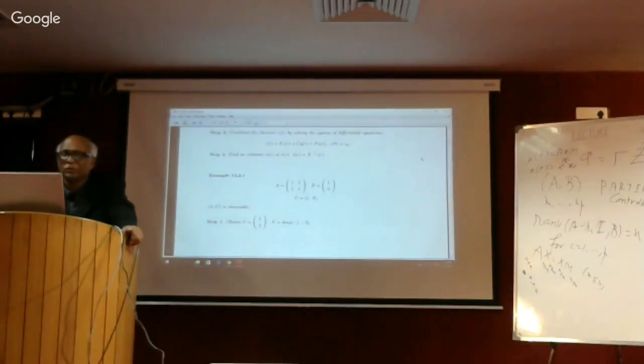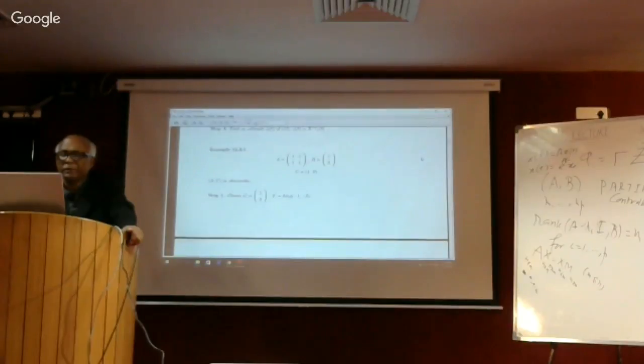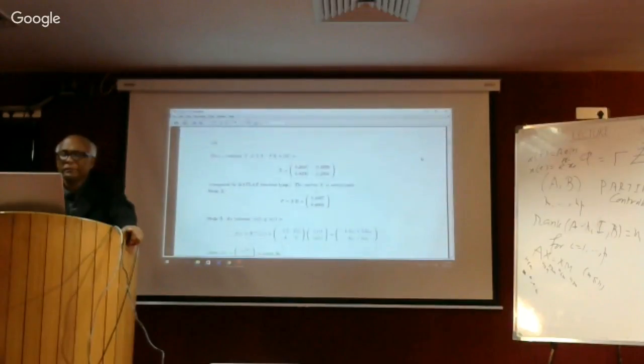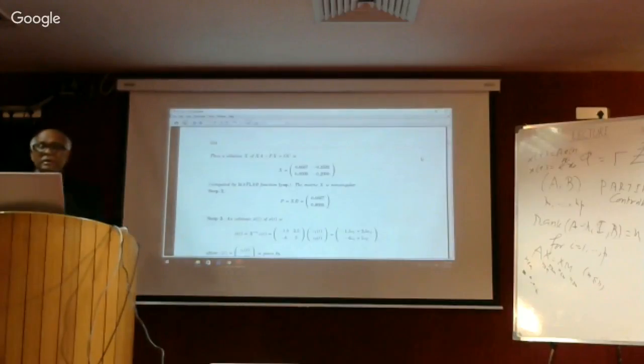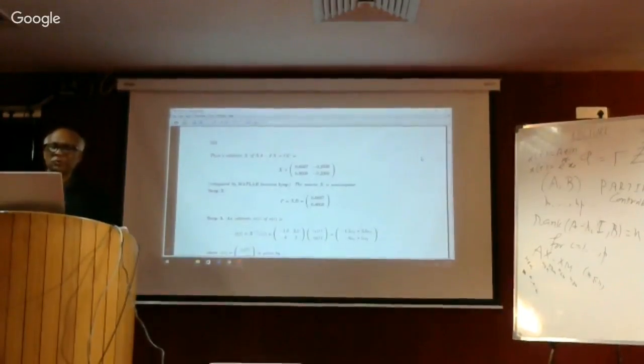So with this choice of G and F, we solve this equation for X. When G and F are known, then it's an ordinary Sylvester equation. The trick is how to choose G. So G has to be cleverly chosen.